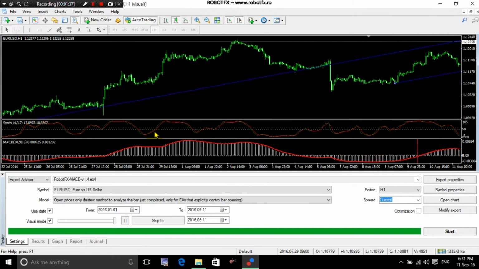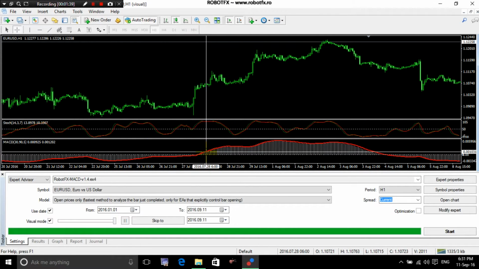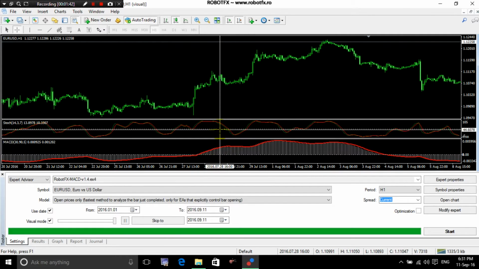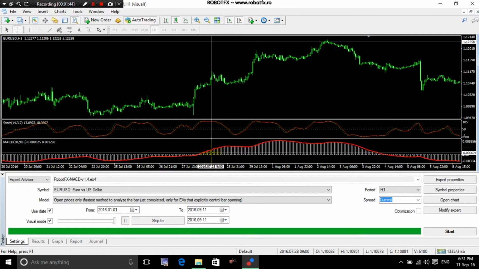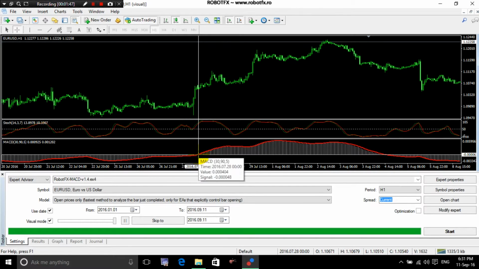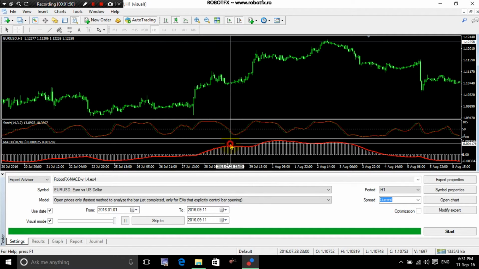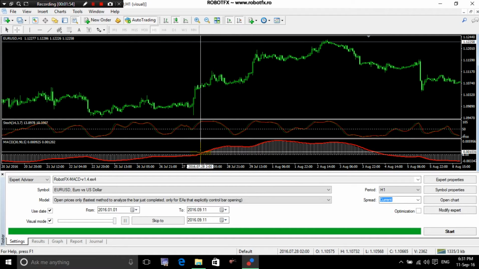The entries are given by the MACD rising or falling above or below the signal. As in for buy, the MACD should rise above the signal line, which is this red line. It should have happened here.